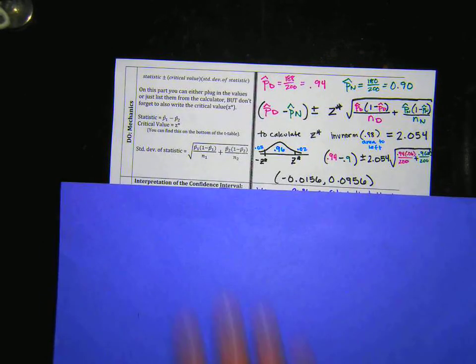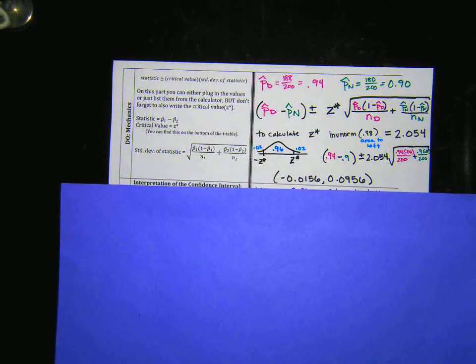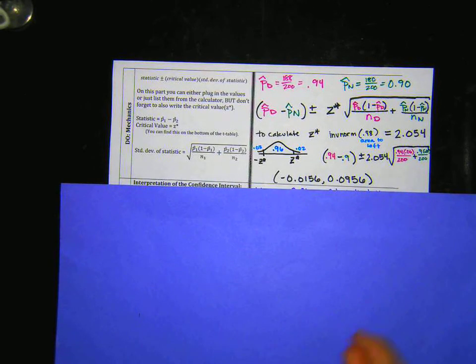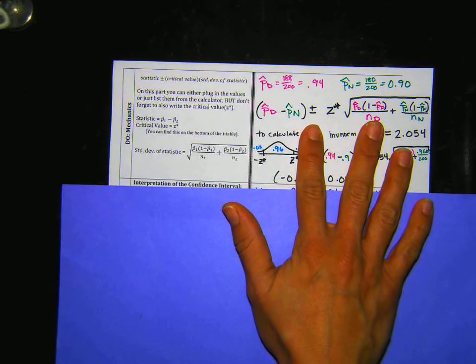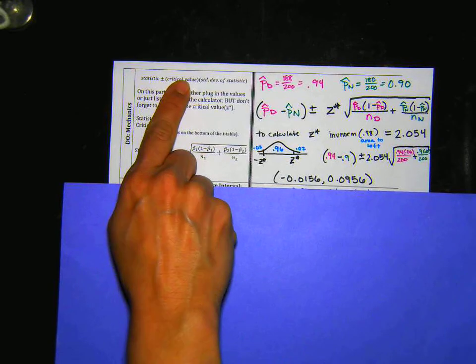We've done the state. We've made our plan. Do. Now, in your formula packet, it has a rough outline for how to construct a confidence interval. It says statistic plus or minus the critical value times the standard deviation of the statistic.